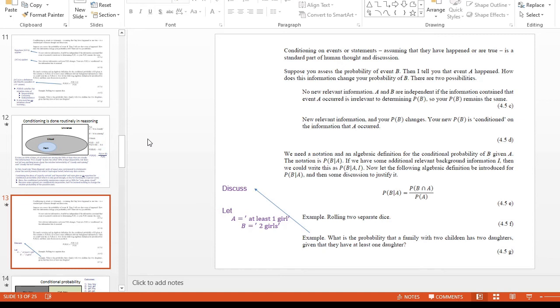What is the probability, or your degree of belief, that a family with 2 children has 2 daughters, given that they have at least 1 daughter? Okay, so normally I would stop and get the audience to discuss this until somebody kindly suggests that the answer is 1/3.